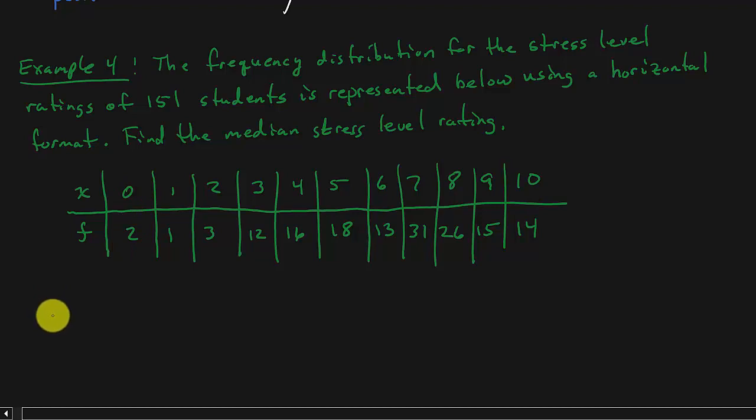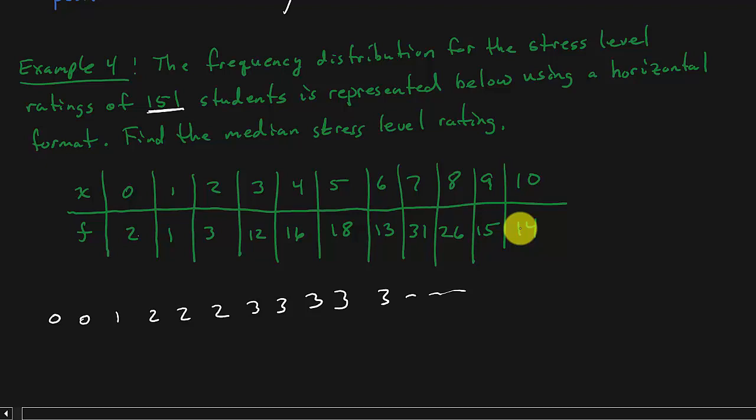So you could come out here and write 0, 0, 1, 1, and then 2, 2, 2, and then 3, 3, 3, 3, and there's 12 threes. But you can see that's going to take a long time. There's actually, they tell us 151 of them. If they didn't tell us that, we could just add up the frequency values, and that would give us 151.